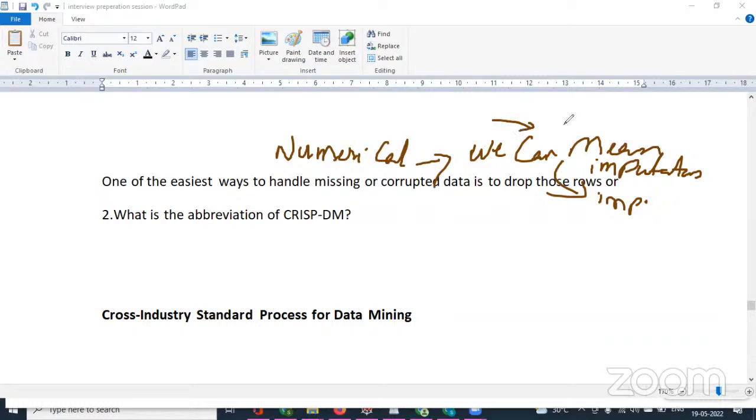Based on that, we will go for different imputation techniques. When you have categorical data, we will be going for mode imputation. So it is not compulsory to go for any imputation. If in that particular data set it makes sense to do imputation, then only we will be doing the imputation.